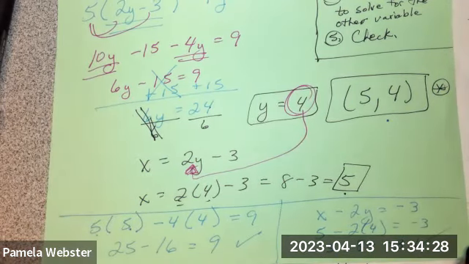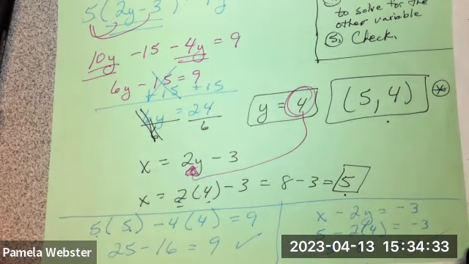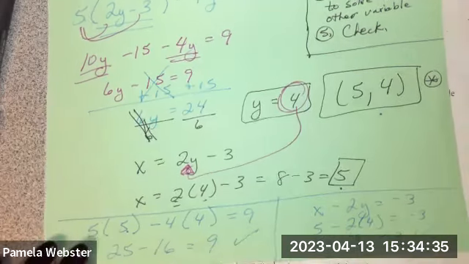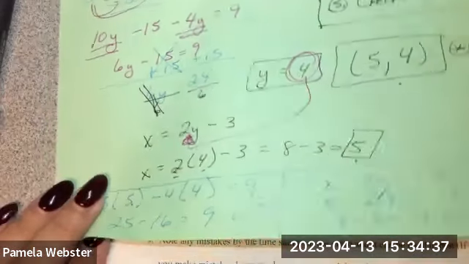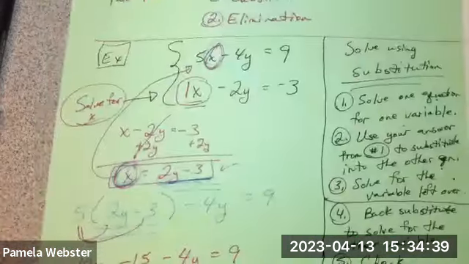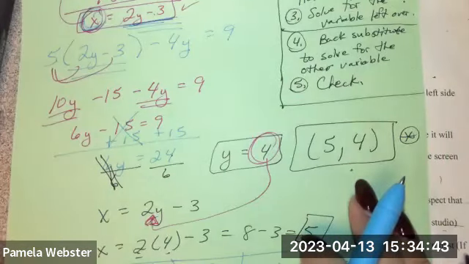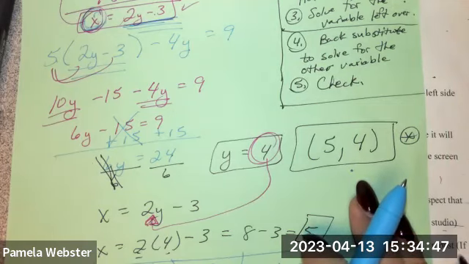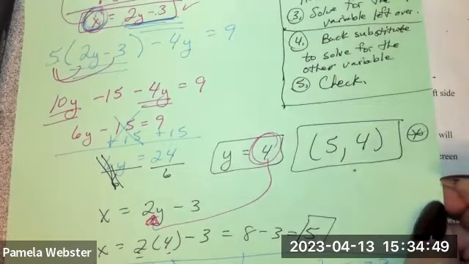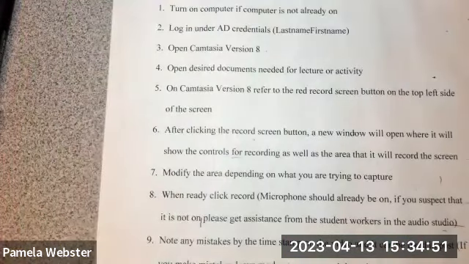So you do need to go back and check your work, because it's very, very easy to make mistakes. We want to make sure that when I have a solution, which I do, 5, 4, it works in both equations. There we go. So now we have a system solution.